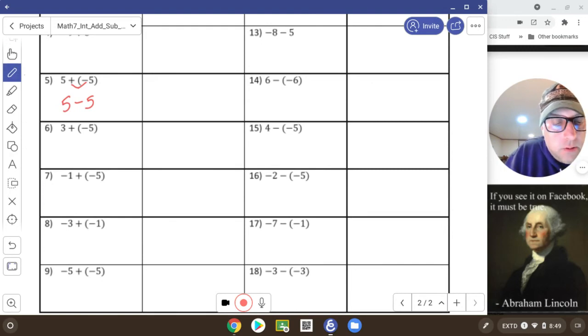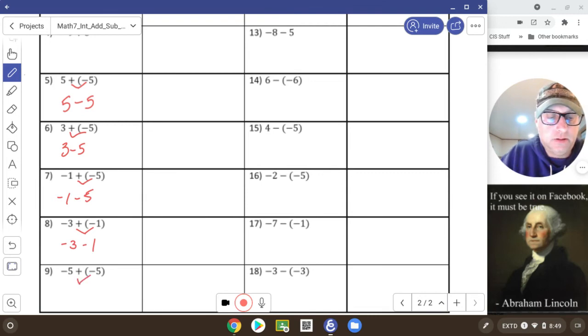In the middle, what do we have? We have plus minus. Plus minus is minus. So this is 3 minus 5. Number 7, in the middle, plus minus. So this is negative 1 minus 5. Number 8, plus minus. So this is negative 3 minus 1. Number 9, plus minus. This is negative 5 minus 5.